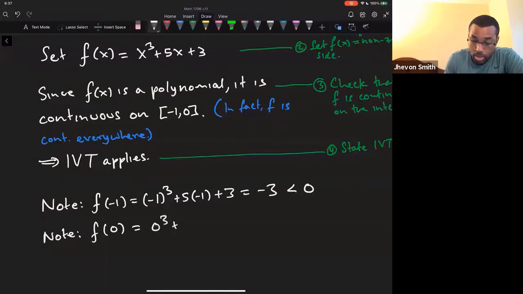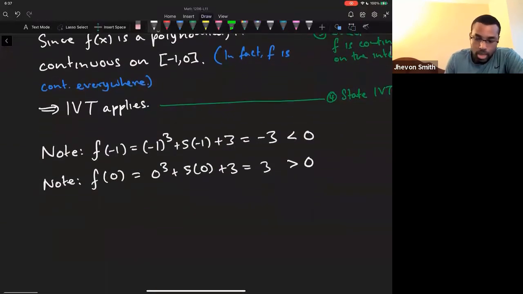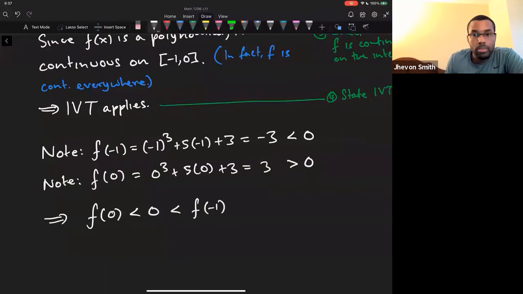That would be 0 cubed plus 5 times 0 plus 3. That is 3. That is positive. This means my f of -1 is less than 0, and 0 is less than f of 0.